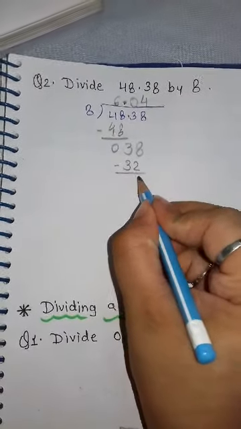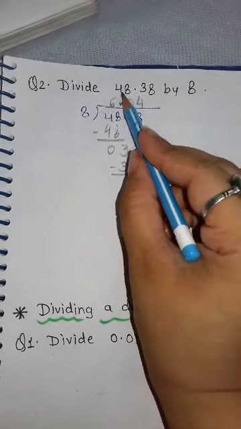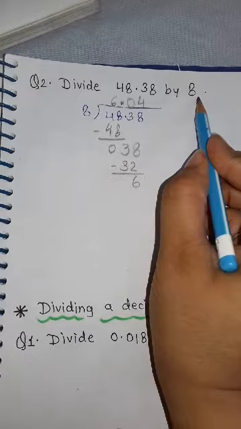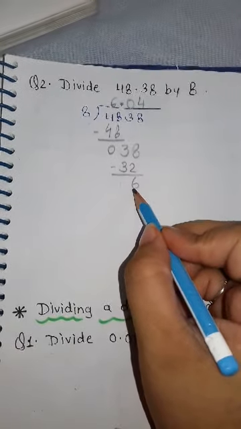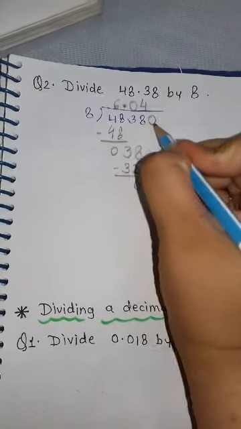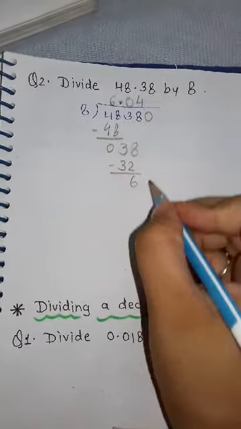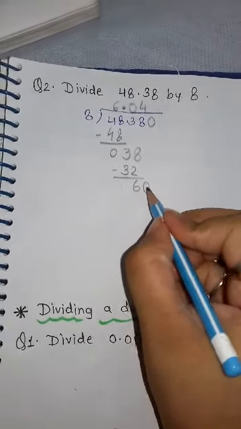Subtract, remainder 6. When we divide a decimal number by a whole number and the remainder is non-zero, then we put 0 on the right side of the decimal part. Now write down 0 here.